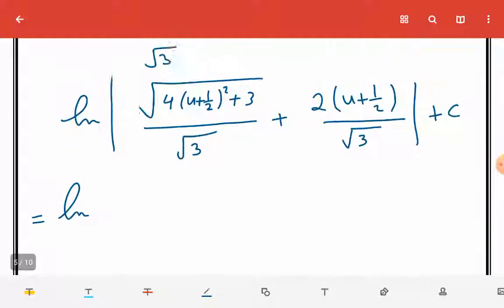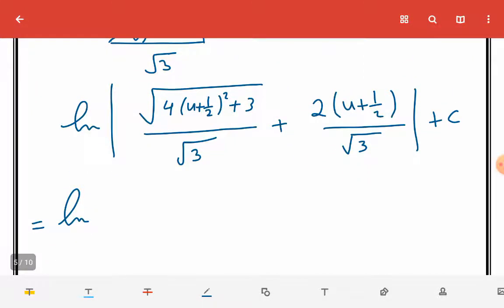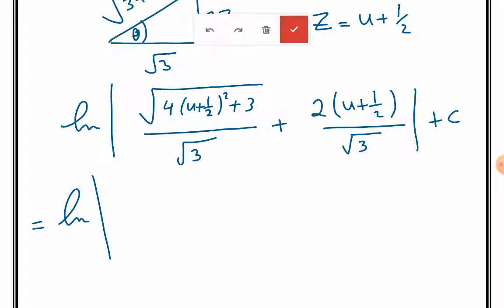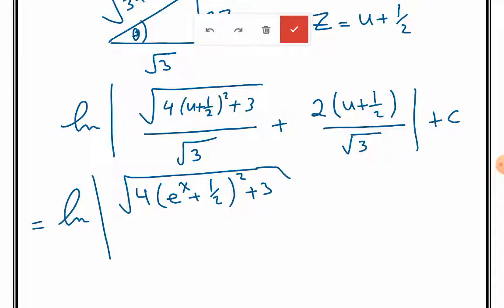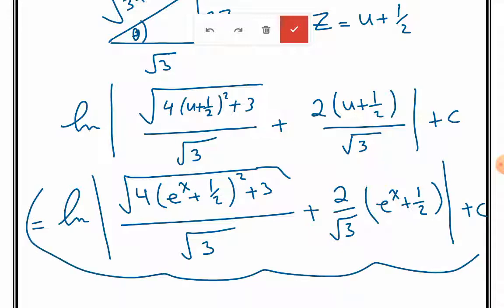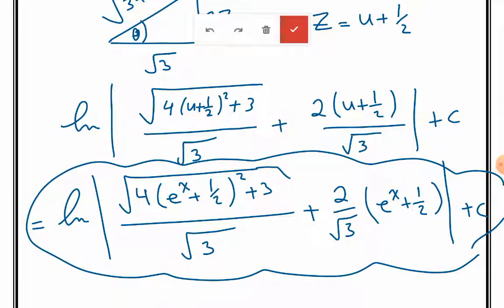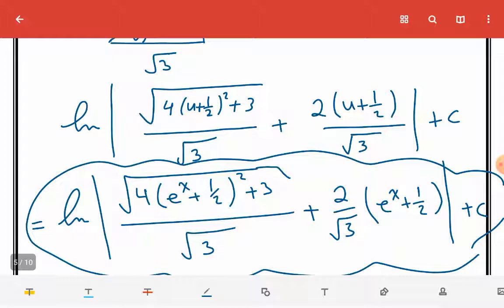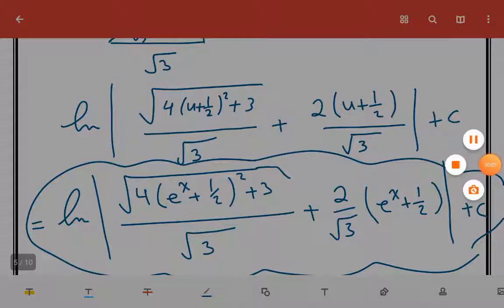Since u is e to the power of x, my final answer is ln absolute value of square root of 4 times e to the power of x plus half, all squared, plus 3, over radical 3, plus 2 over radical 3 times e to the power of x plus 1/2, plus c. This is the final answer of this question. Okay, thank you guys, and I hope you understood everything. Goodbye.